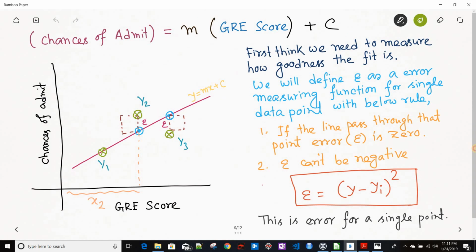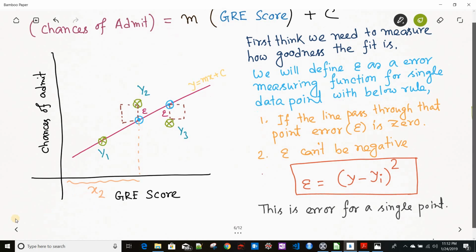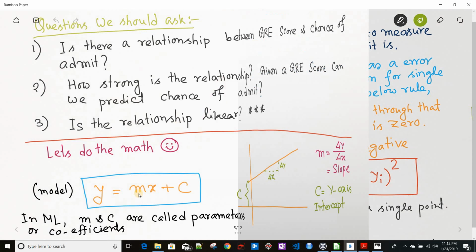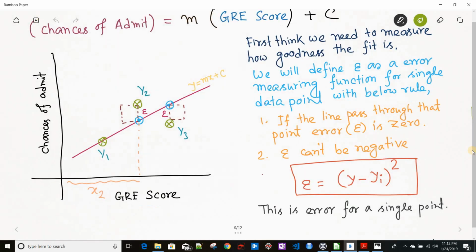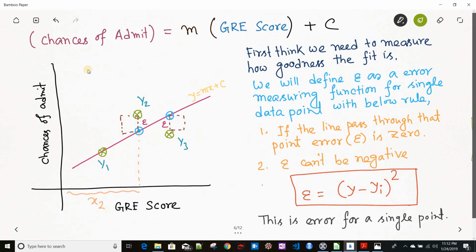Okay, so if I just write this particular equation we discussed over here, y means our output, that means chances of admit. X means our input. In this case, as we are talking about simple linear regression, it is our GRE score, right? So we can write the whole equation something like this: chances of admit equals m into GRE score plus c, right?